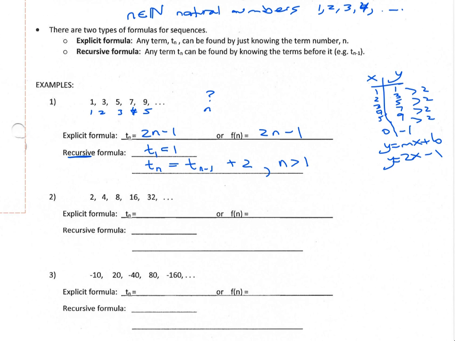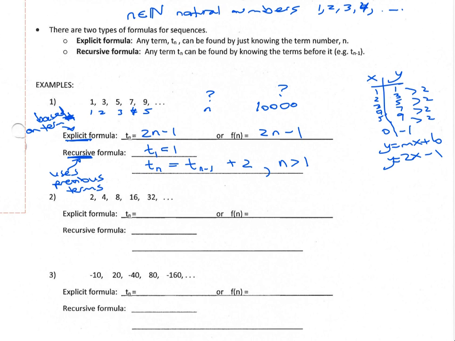The word recursive means it uses previous terms. And the word explicit means you just need to know n. It's based on the term number. So with the explicit formula, if I said to you, what is term 10,000? You would just take 10,000 and put it into the formula, and you would tell me that's 2 times 10,000 minus 1.